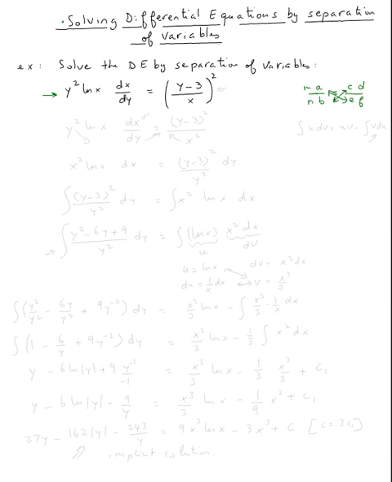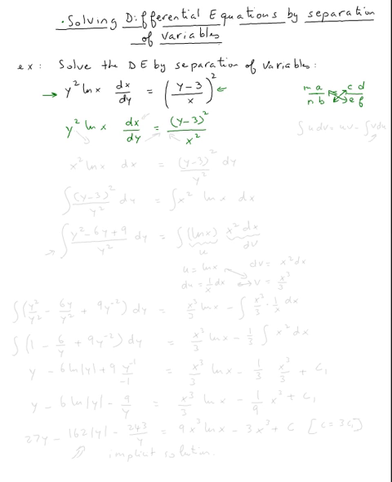So before we do that, let me rewrite the equation as y squared ln x dx over dy equals (y minus 3) squared for the numerator and then x squared for the denominator, so the x's are on one side and the y's on the other.